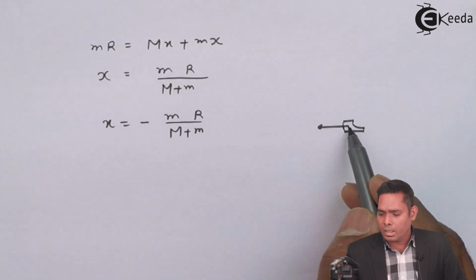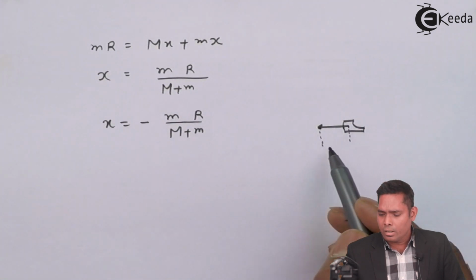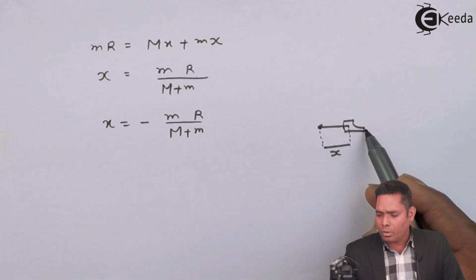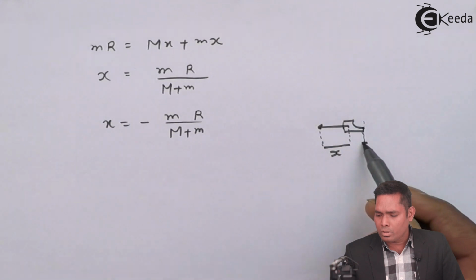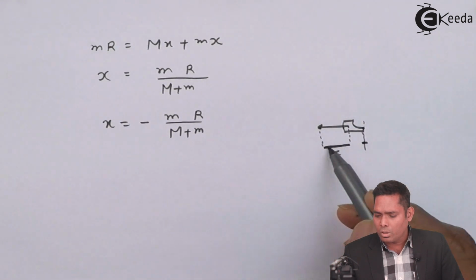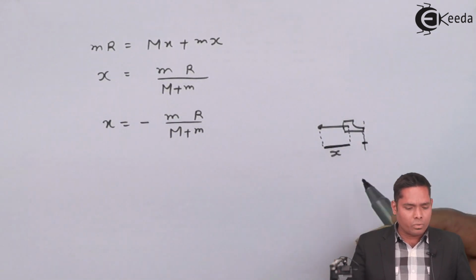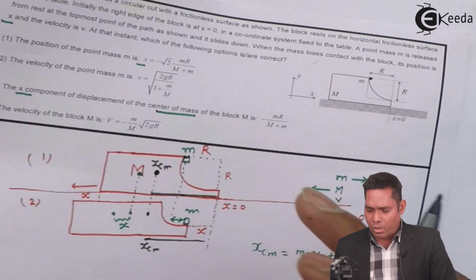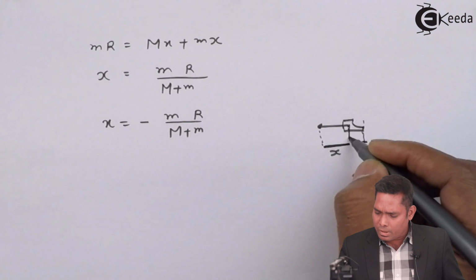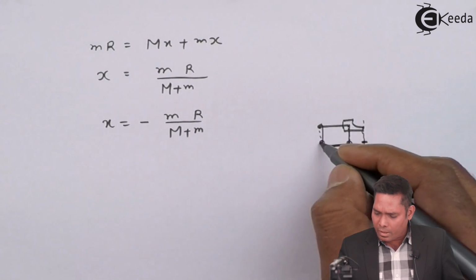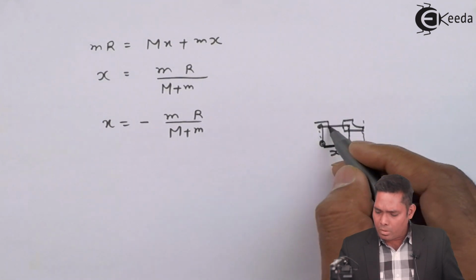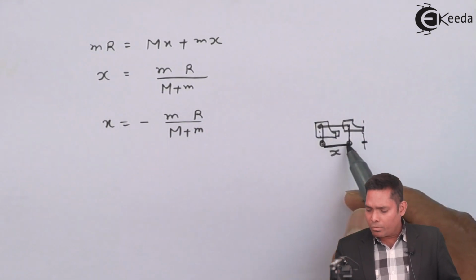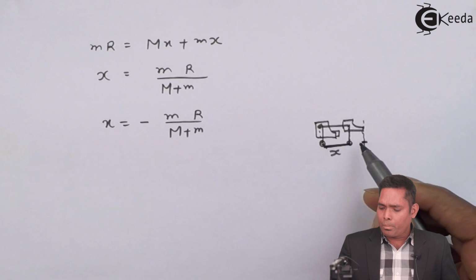So earlier it was here, now it is here, so the displacement is x towards the left of the origin. So this is the origin. Suppose it was here, now it is here, so the displacement of the center of mass of the block is x.